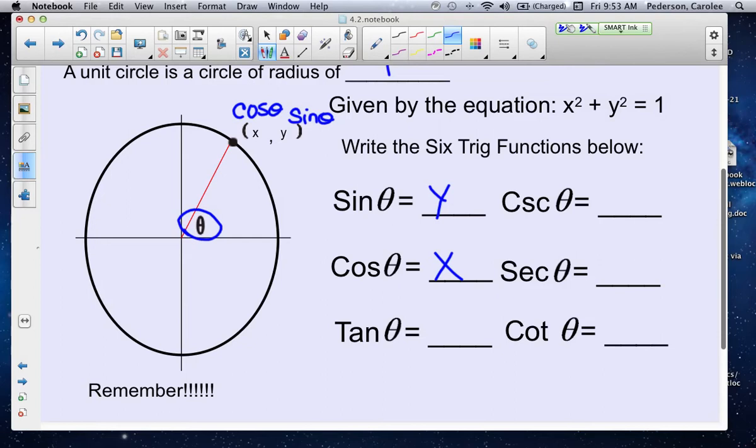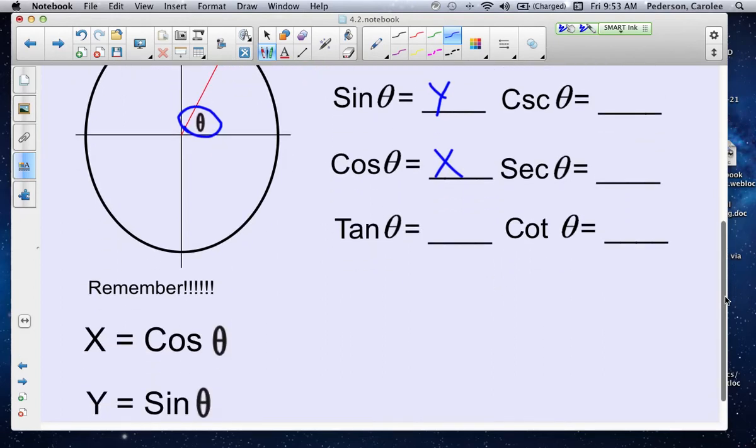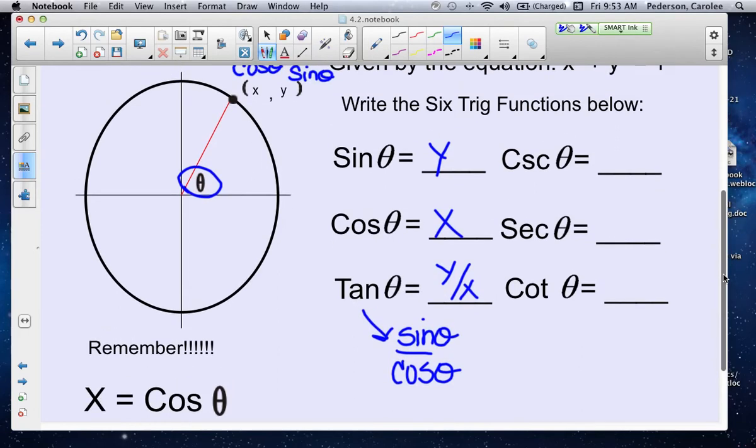And how you do that, it is by taking the sine of theta over the cosine of theta, or y over x. If you can remember those three, then the next three are pretty easy. They're just what we did before in right triangle trig. They are just the reciprocals. So this would be 1 over y, 1 over x, and then x over y.